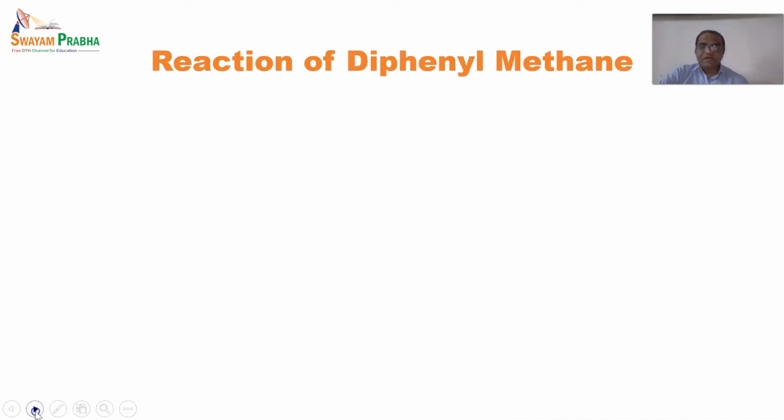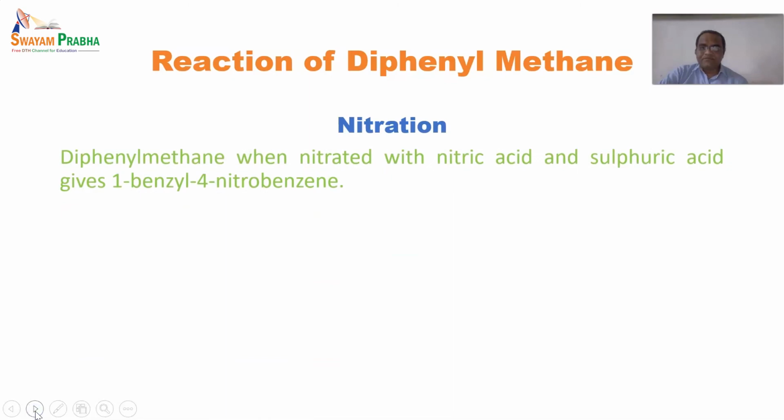Reactions of diphenylmethane. Now we will see nitration, as we have seen nitration in earlier chemical reactions, that it requires nitric acid as well as sulfuric acid to form a nitronium ion. So diphenylmethane, when treated with nitric acid and sulfuric acid, gives 1-benzyl-4-nitrobenzene.